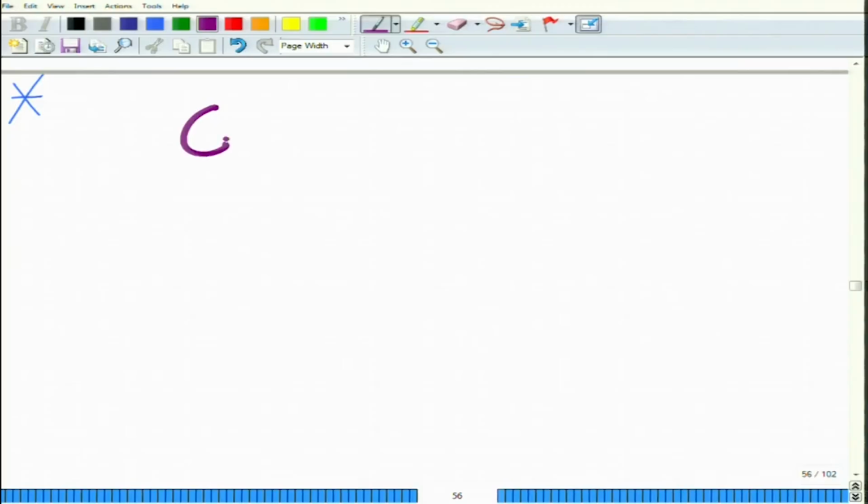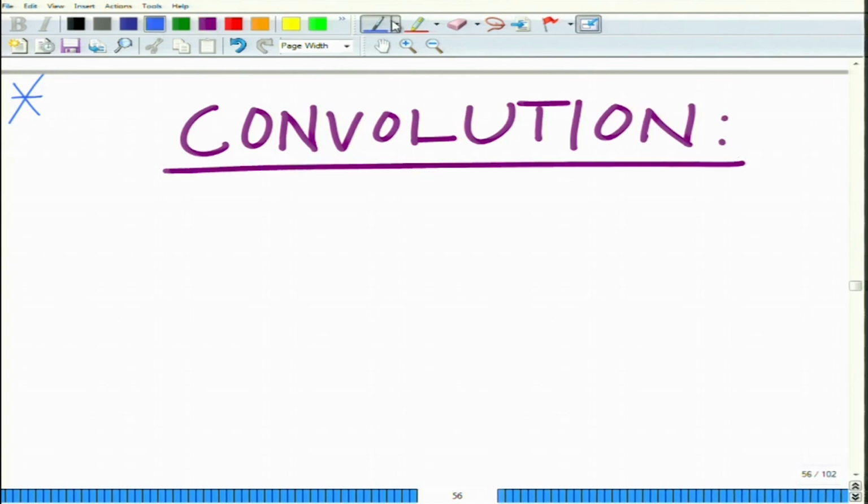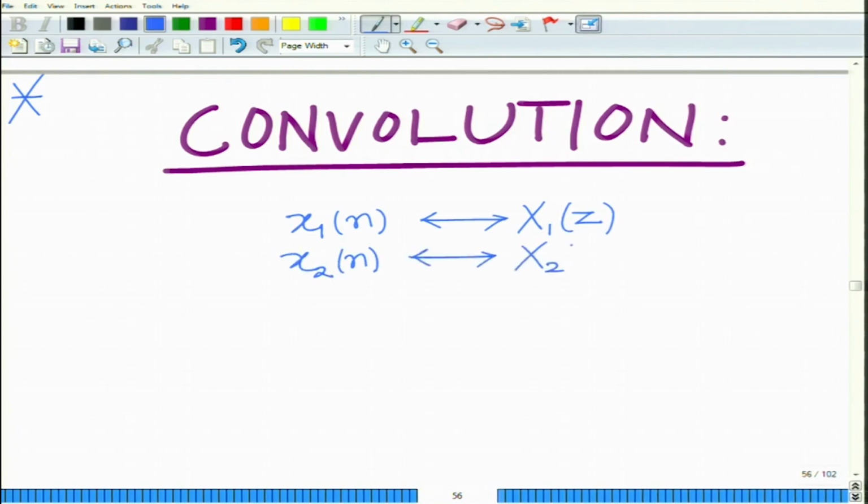Okay. So, start by looking at convolution. Remember, the convolution of two discrete time signals can be defined, that is, let us say we have two discrete time signals x1 n which has Z transform x1 z, and we have another signal x2 n which has Z transform x2 z.